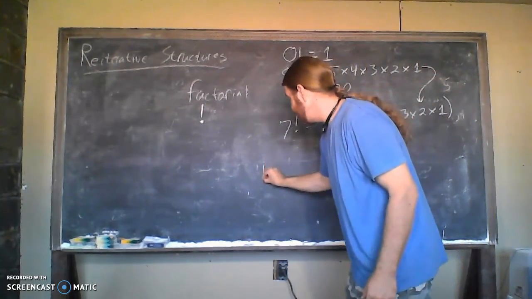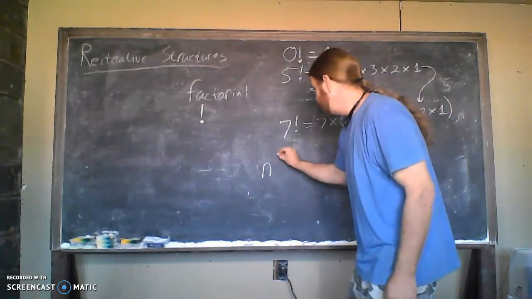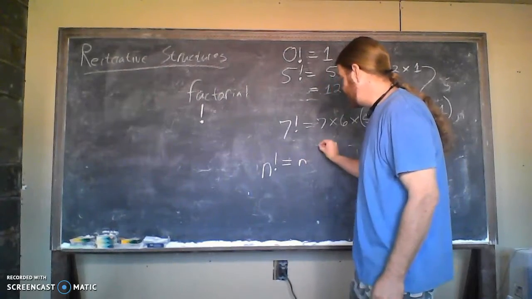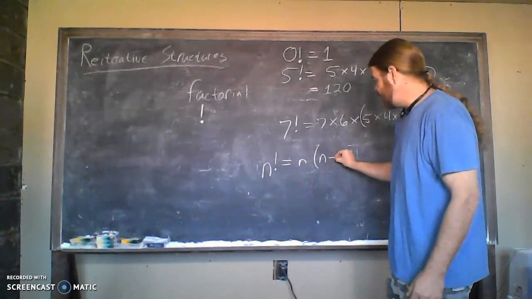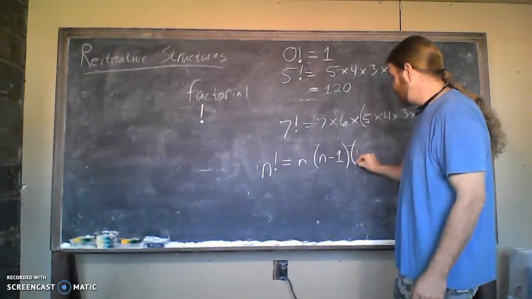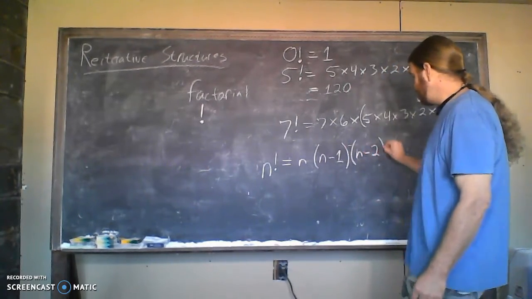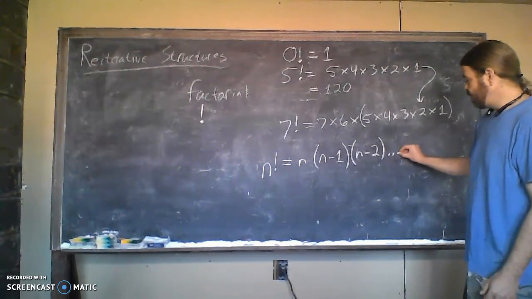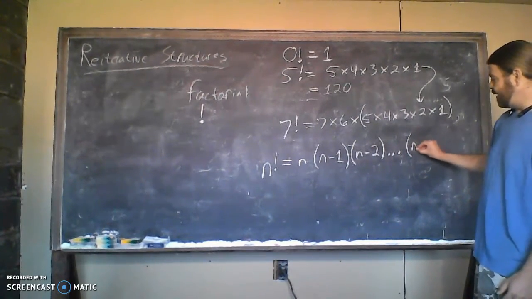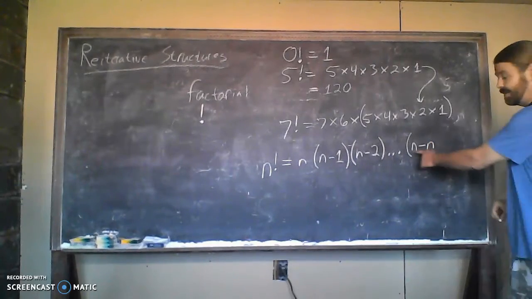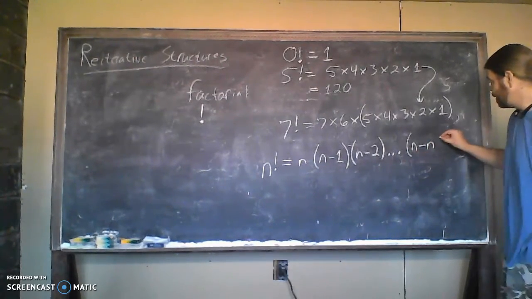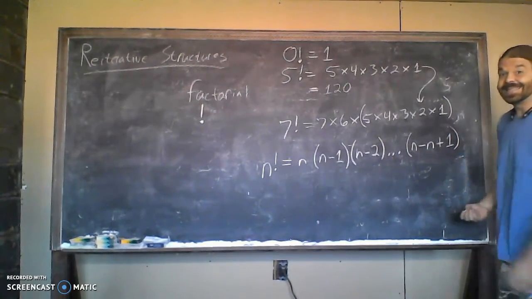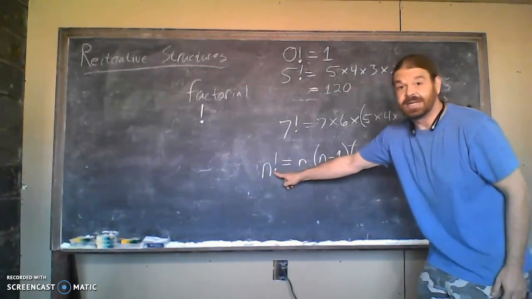Our general way of writing that is, the factorial of some number n is going to be n times n minus 1 times n minus 2, and so on, however many we have, all the way until we get back to n minus n, which would be 0, right? Plus 1. So a really complicated way to write 1, but that's the way we write this formula generically.